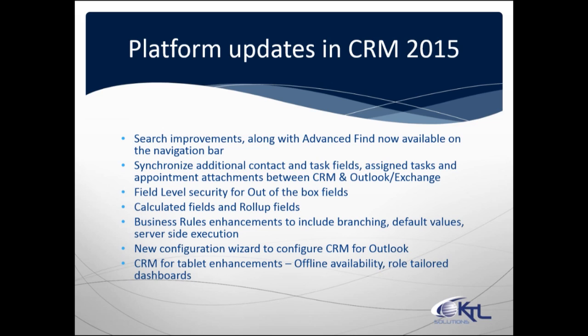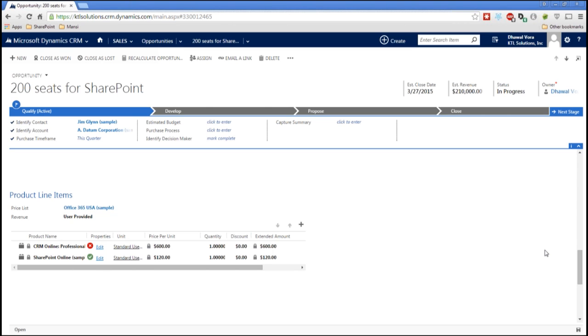Again, in 2013, with the drastic changes in the user interface, there was some confusion with the advanced find feature. But they brought that back in 2015, where you can now have the advanced find anywhere you are in CRM.